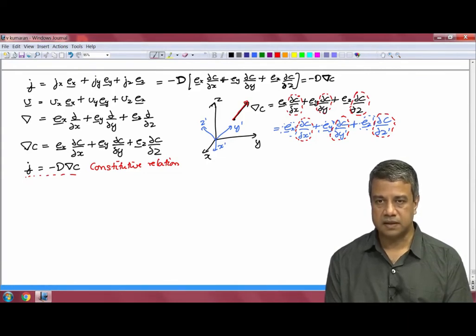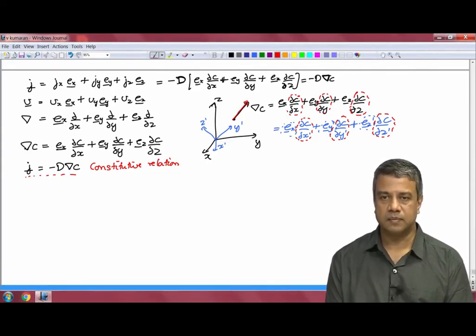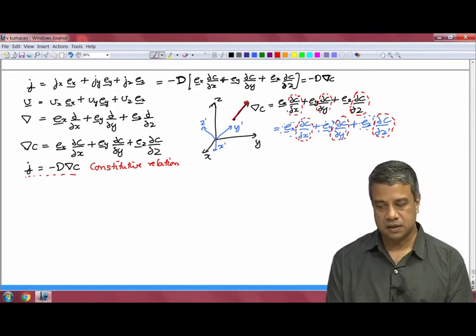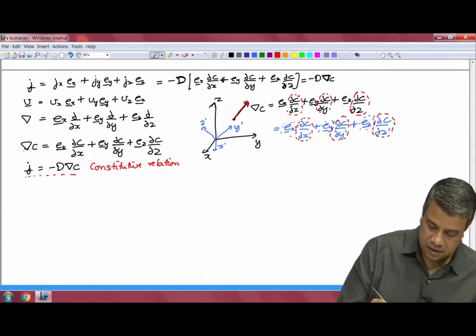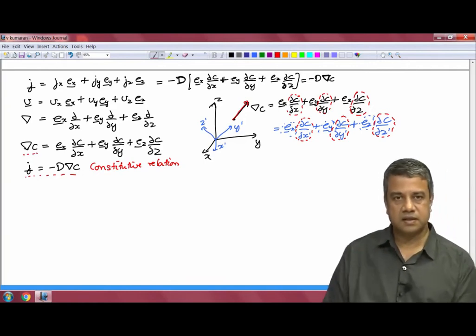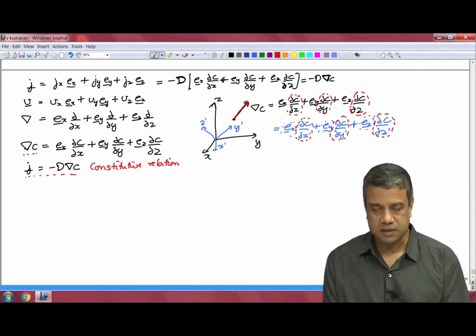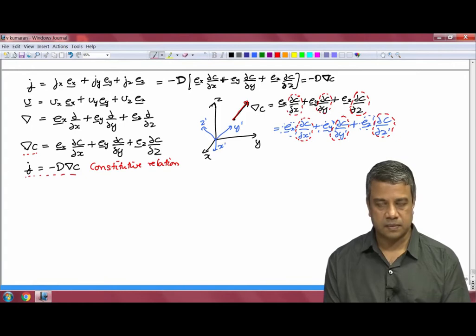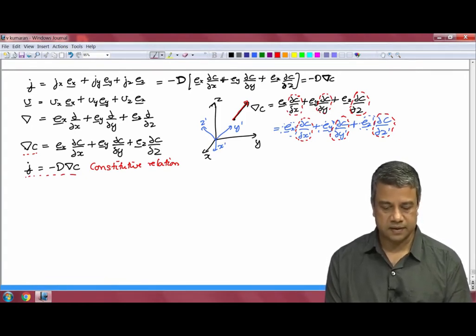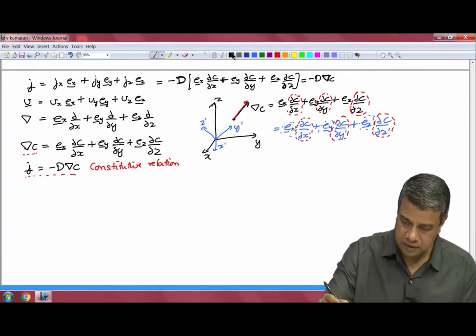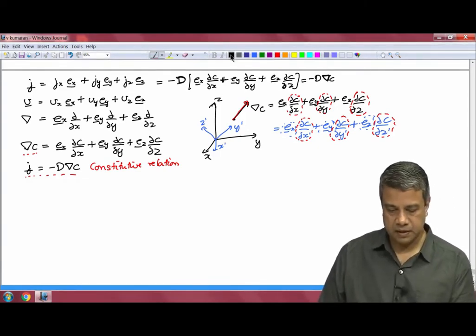However, the vector itself has an identity, a magnitude and a direction that is independent of the coordinate system. The other thing to note, the gradient operator here acts on a scalar function and the result is a vector. So, that is the constitutive relation.